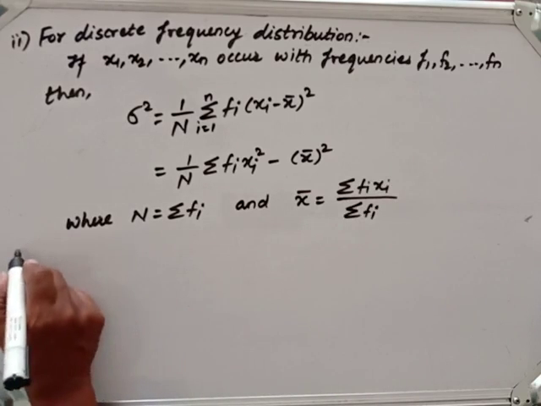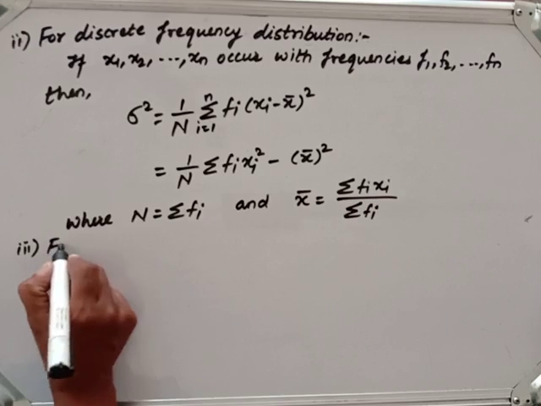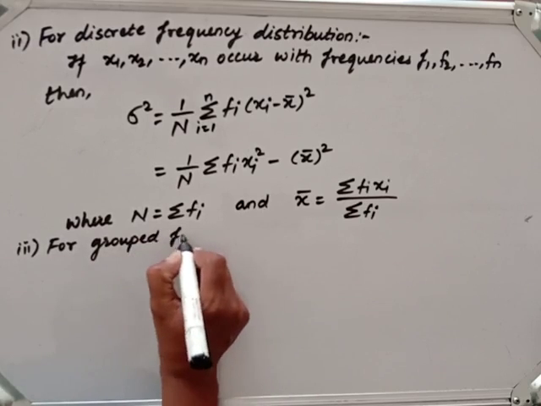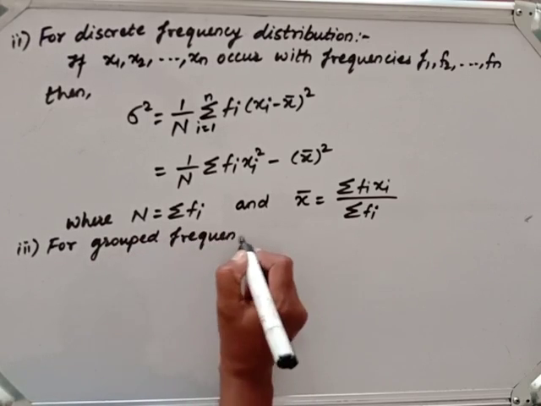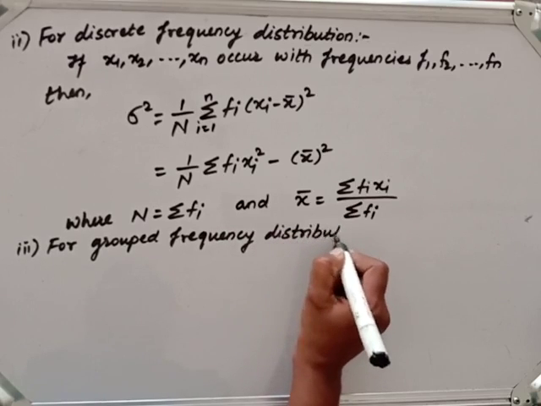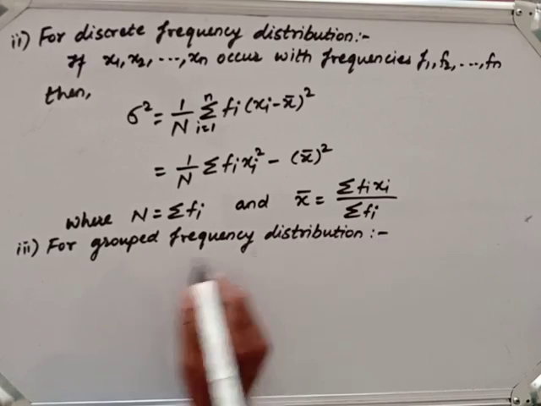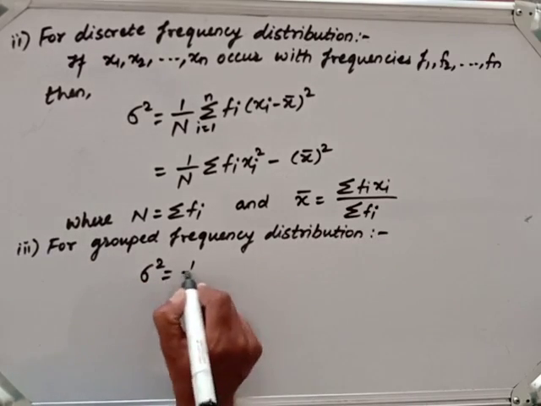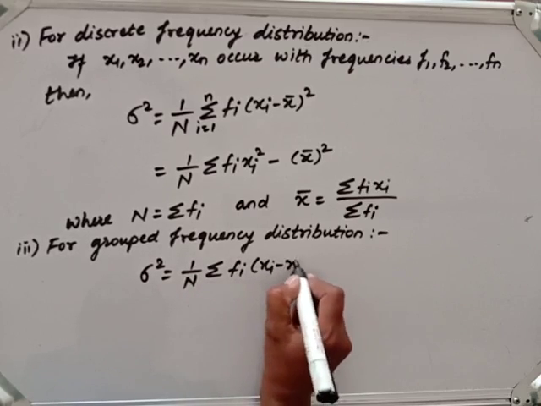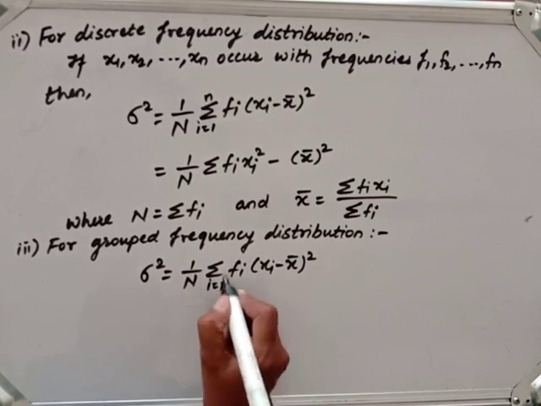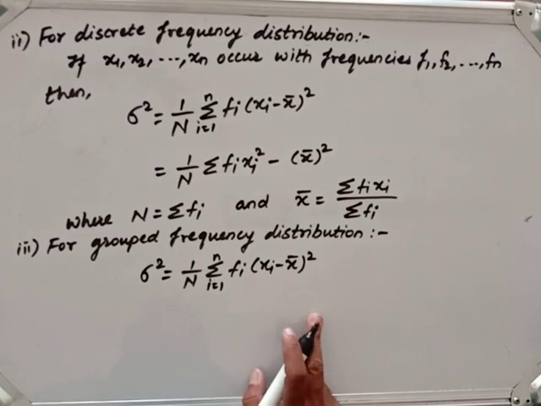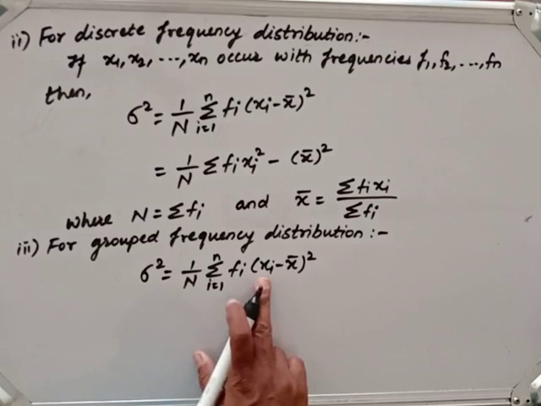Now the next one, for grouped frequency distribution. Here again sigma square is 1 upon N summation fi xi minus x bar square, i varies from 1 to n. In grouped frequency distribution, the class intervals and the corresponding frequencies are given. Here these xi are the class marks.